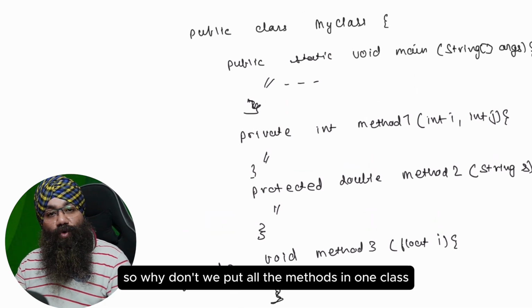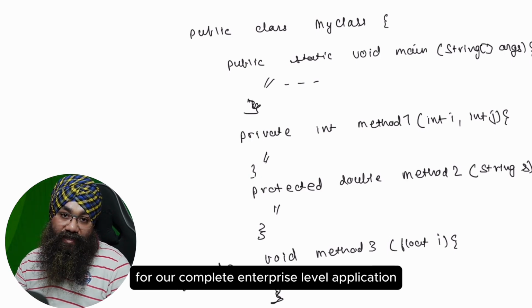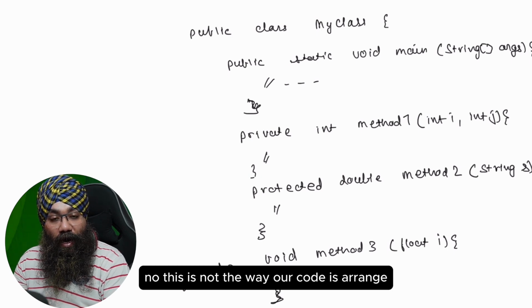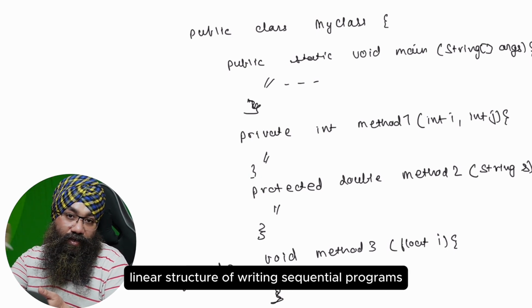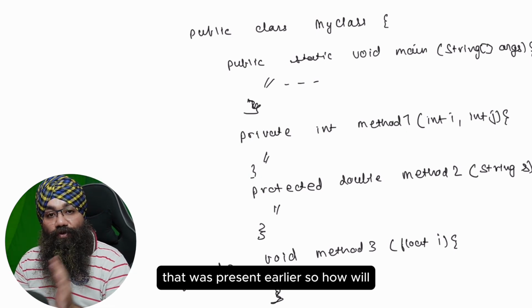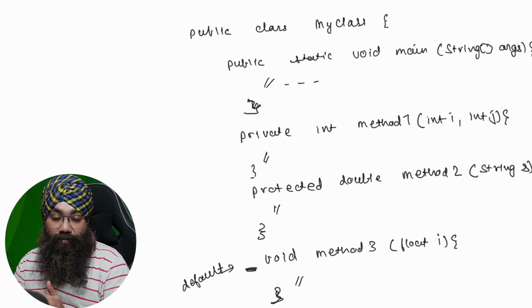Why don't we put all the methods in one class and only create one class for our complete enterprise level application? No, this is not the way our code is arranged. If we do this, we will be very close to the linear structure of writing sequential programs that was present earlier. So how do we decide which method should be present in which class?